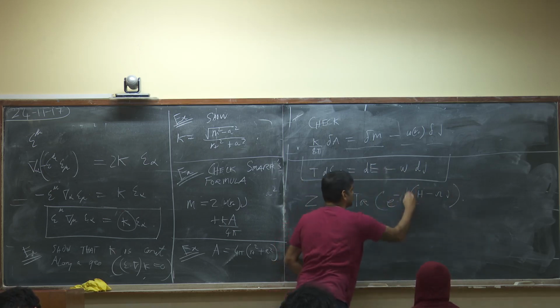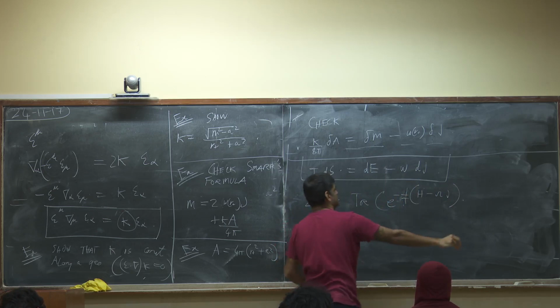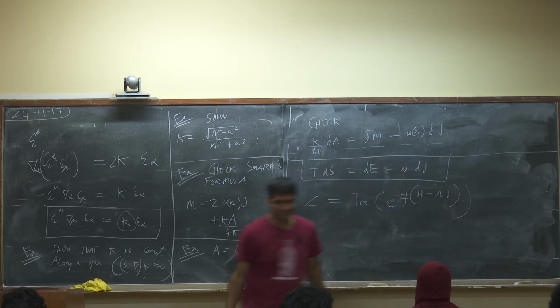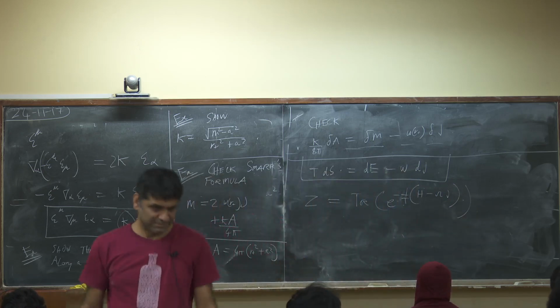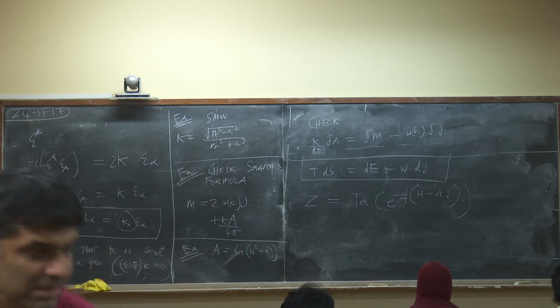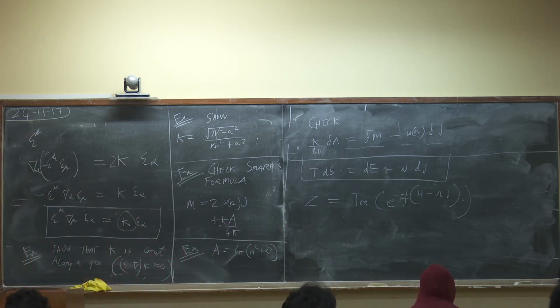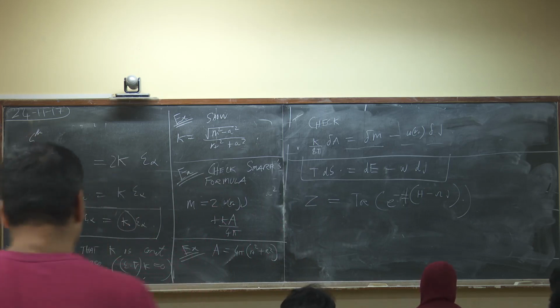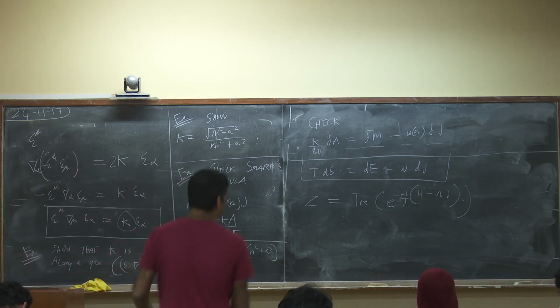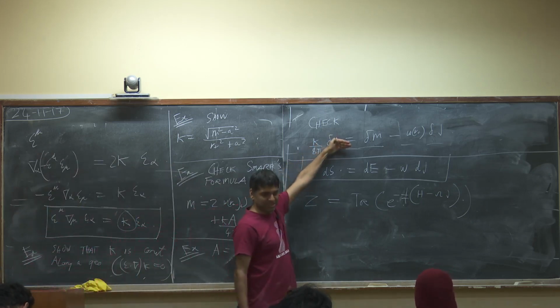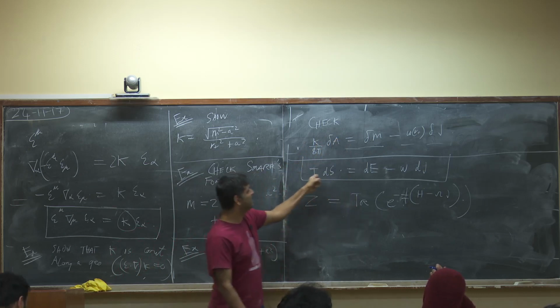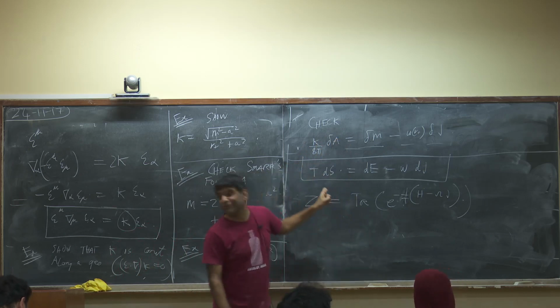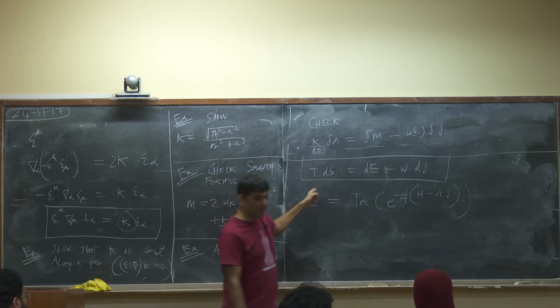Beta is 1 by T. Okay, so now this is an aside. Everything here was just general relativity. Now I'm trying to explain to you where this comes from, just in case you don't remember your thermodynamics.